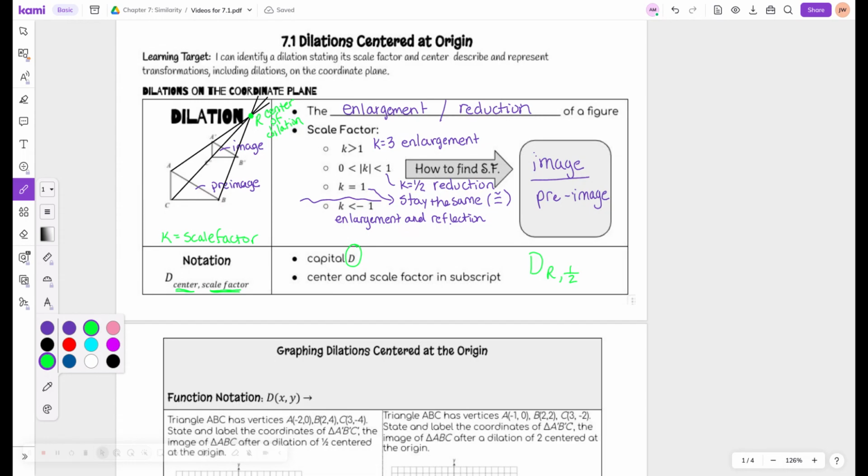Another way I like to think of scale factor is N over O, your new image over your original image. So NO: new over original. Okay, let's pause and do some examples.